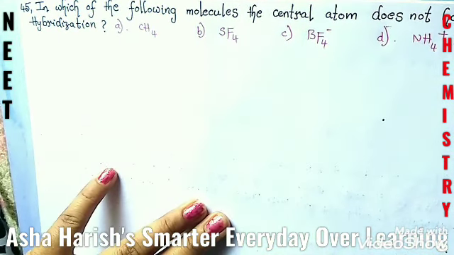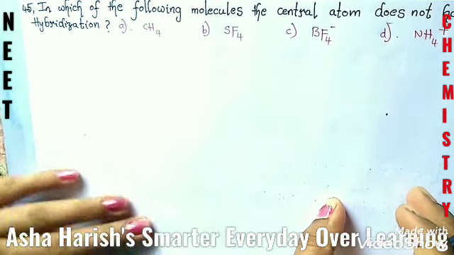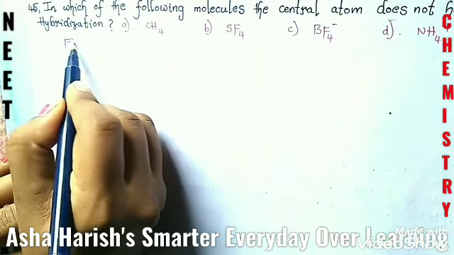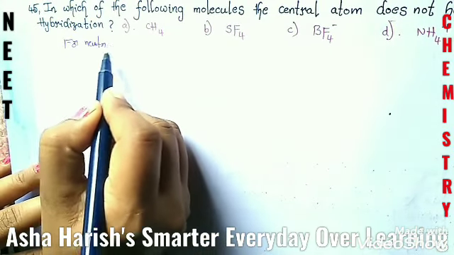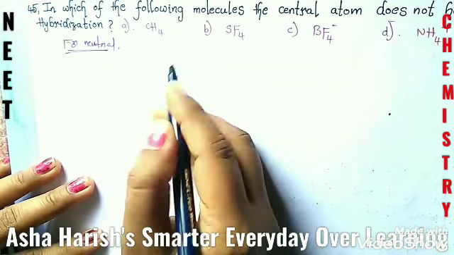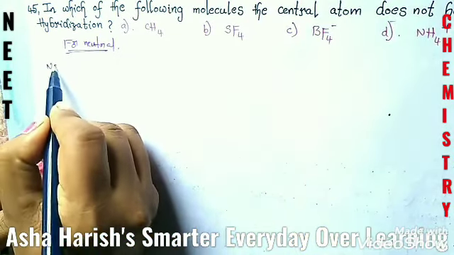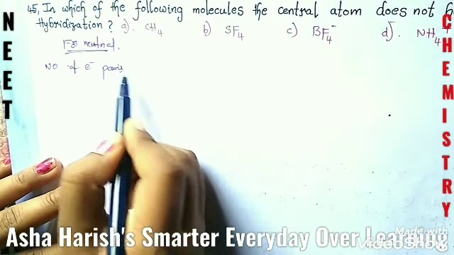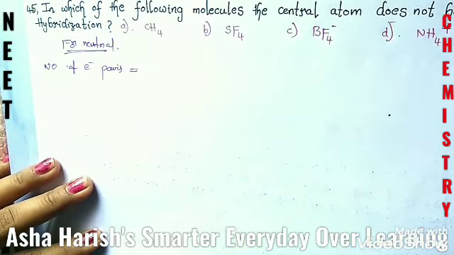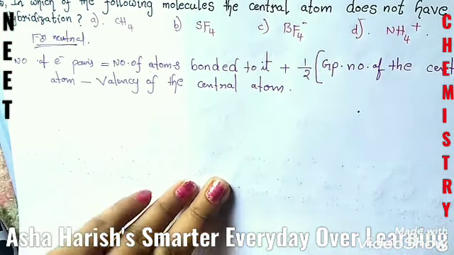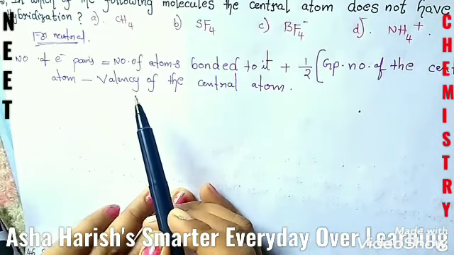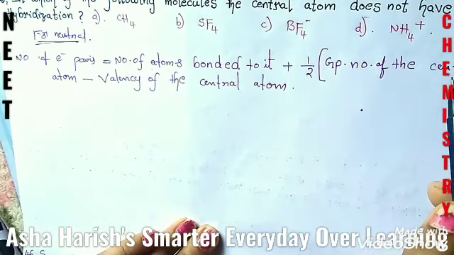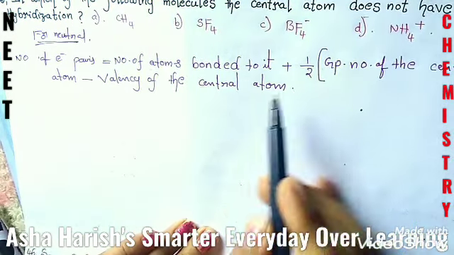Okay students, for this you need to know, for neutral molecules, let's do a simple calculation. For neutral molecules, the number of electron pairs is equal to the number of atoms bonded to it plus half into the group number of the central atom minus the valency of the central atom.